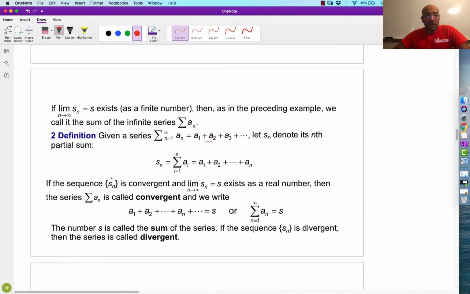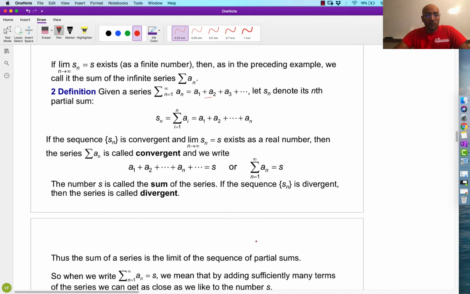If the sequence of partial sums is convergent and the limit as n goes to infinity of S sub n equals s exists as a real number, so it converges, then the original series that we were interested in is called convergent, and we can rewrite it by saying that this is in fact equal to s. The sum is called the sum of partial sums.